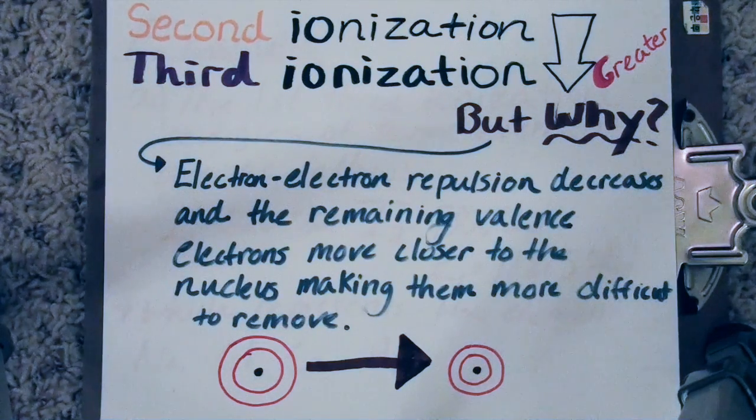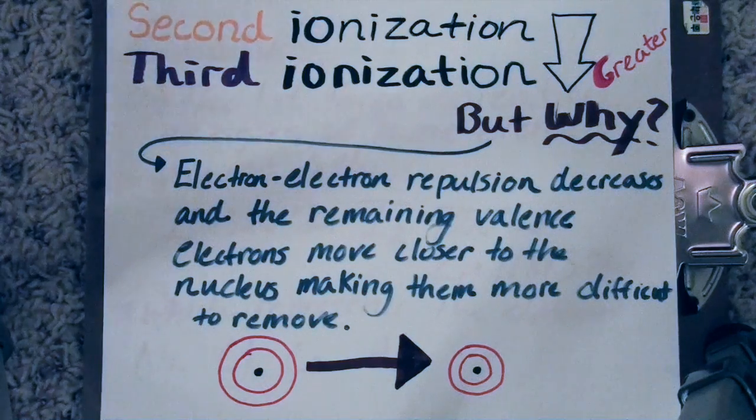The third ionization energy is always greater than the second, and so on. This is because once an electron has been removed from an atom, electron-electron repulsion decreases and the remaining valence electrons move closer to the nucleus, making them more difficult to remove.